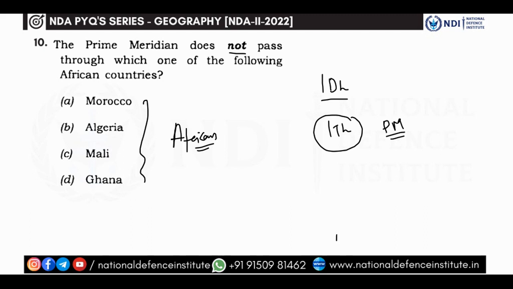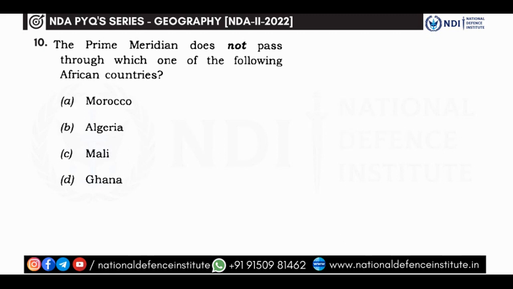Of course it is passing along Algeria, Mali and Ghana. So the only country that is not actually passing along the prime meridian is Morocco. So this is also one of the simple questions. So let's go for the next one.